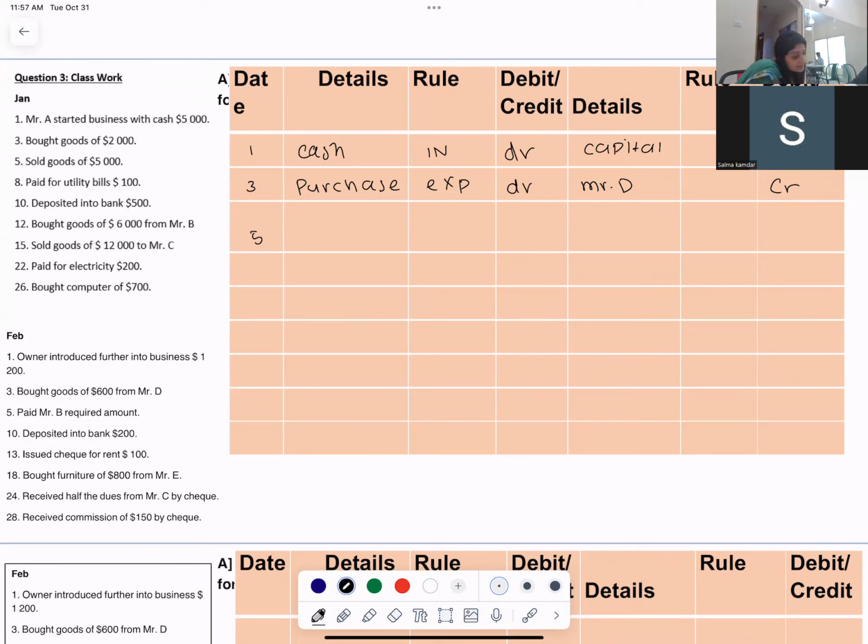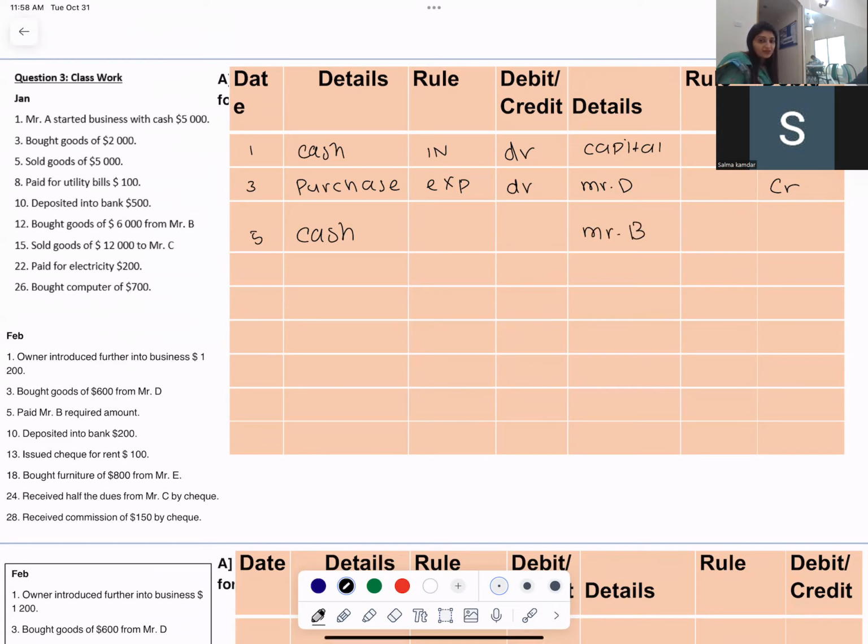Which transaction are you on? Fifth. Okay, paid Mr. B. So two accounts are involved. You're paying Mr. B, so is cash involved? Right, the first account involved is cash. What is the next account involved? Mr. B. Okay, fine.